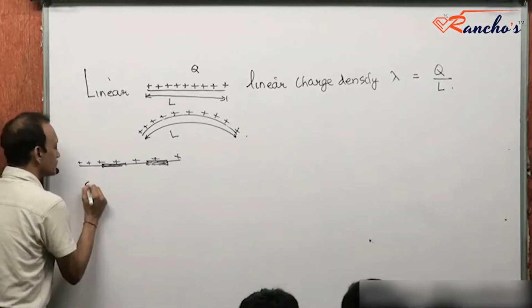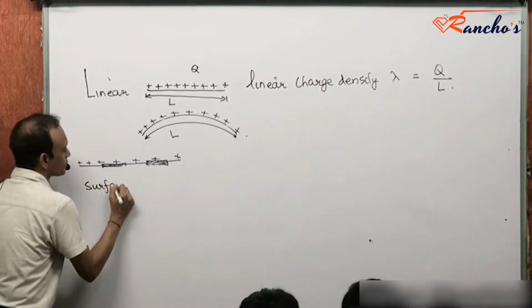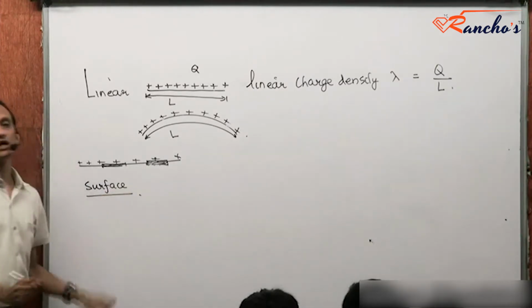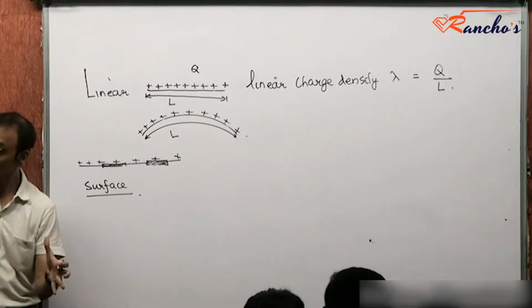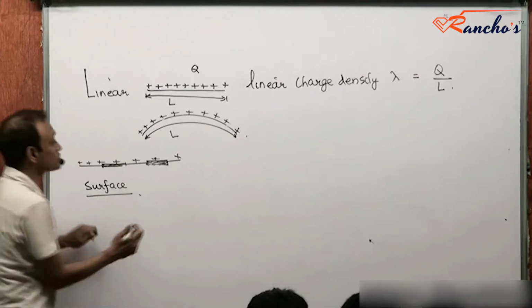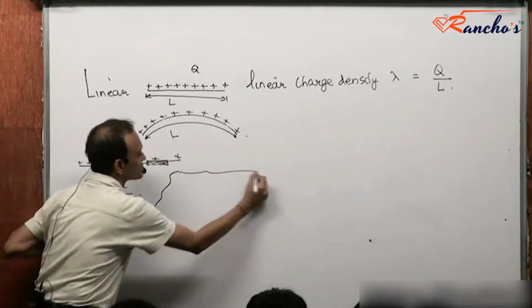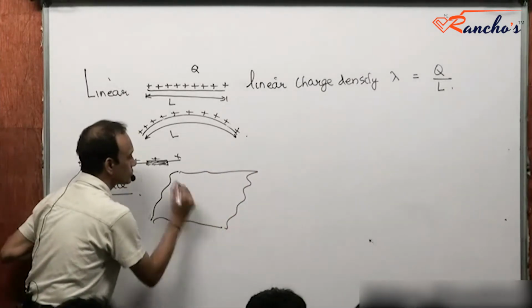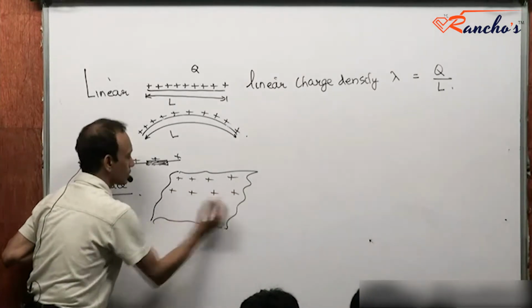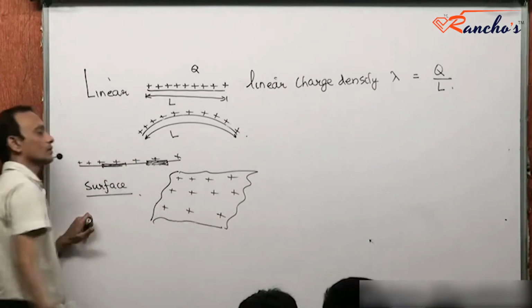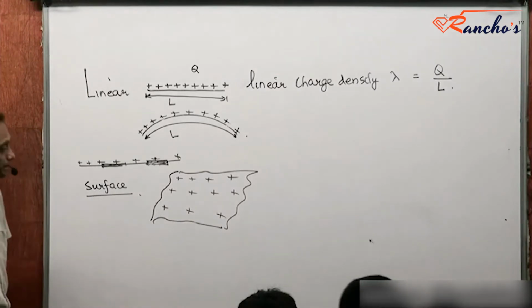Then we have surface charge density. Then we talk of charge distributed continuously on a surface. This is a surface, right?